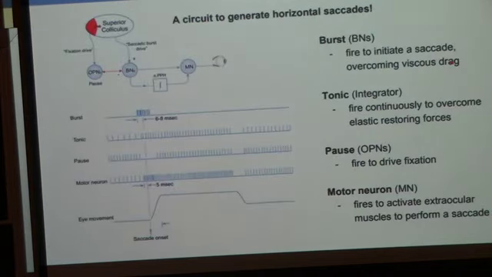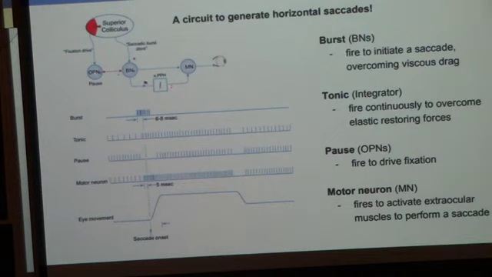Now talking through what you would expect in these different regions: you have burst neurons, which have a burst of activity, the pulse input, which helps overcome that initial viscous drag. And then you have your tonic integrator, the nucleus prepositus, which fires continuously to overcome the elastic restoring forces, so it helps maintain your saccade.